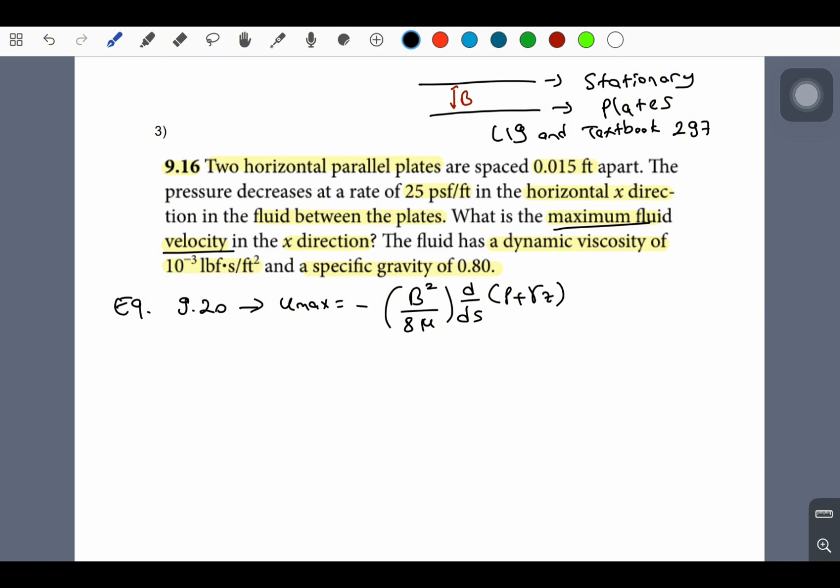This part is actually the change of piezometric head with location. Since the question says we have horizontal plates, there is no change in the elevation. I can write this as h, which is the piezometric head.